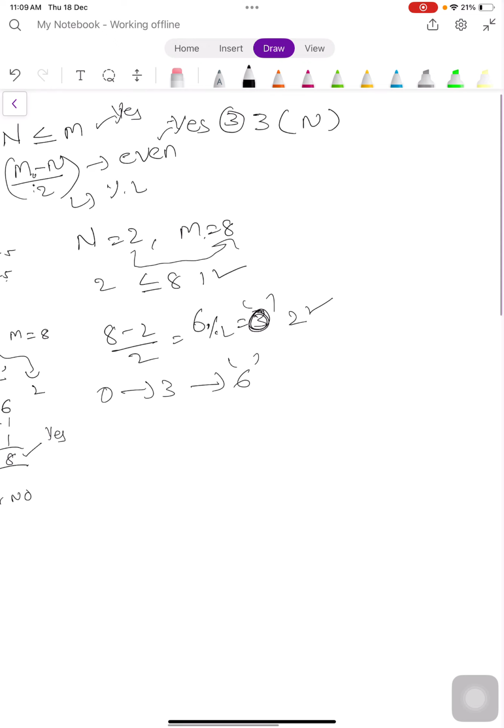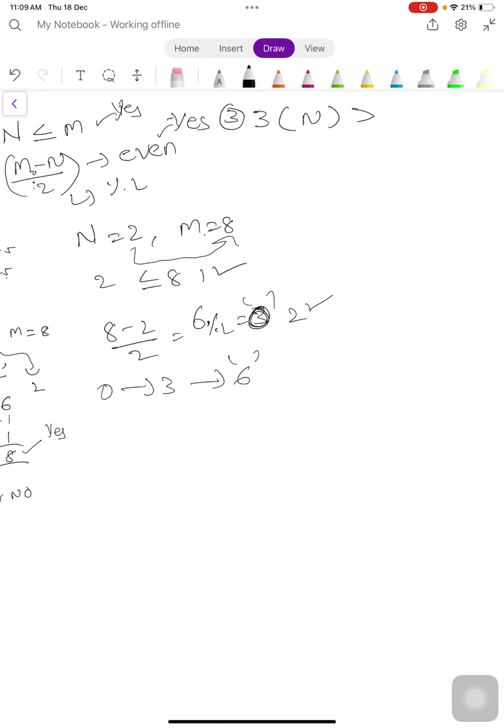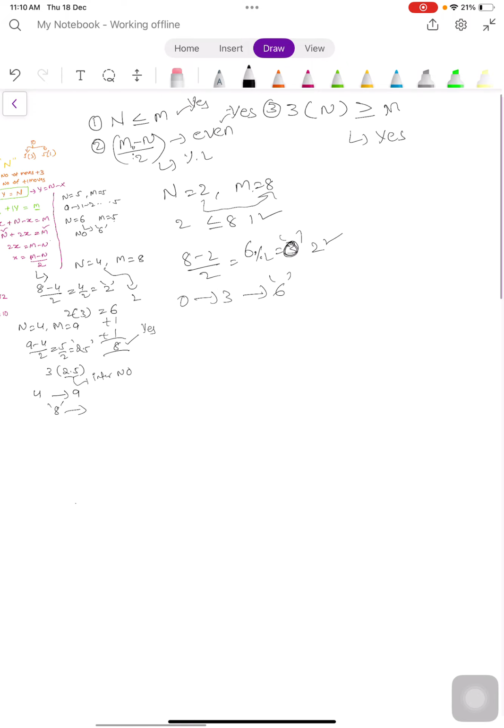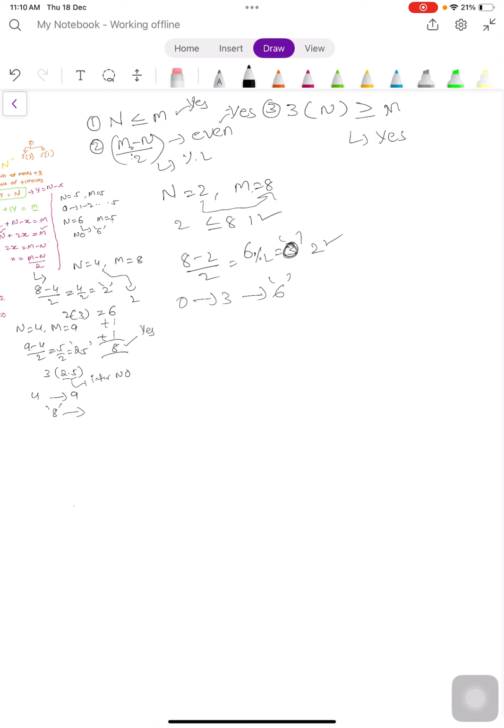If it is greater than or equal to m, then we can say the answer is yes, since we have exceeded or exactly reached that point. If we have exceeded, we will take out some moves of 3 and replace them with some moves of x. So these are the 3 steps that we need to do.